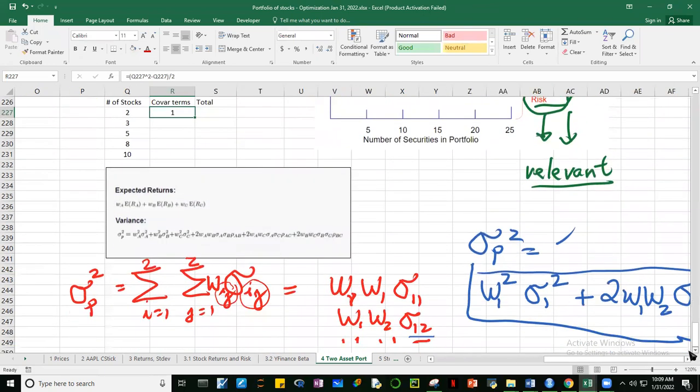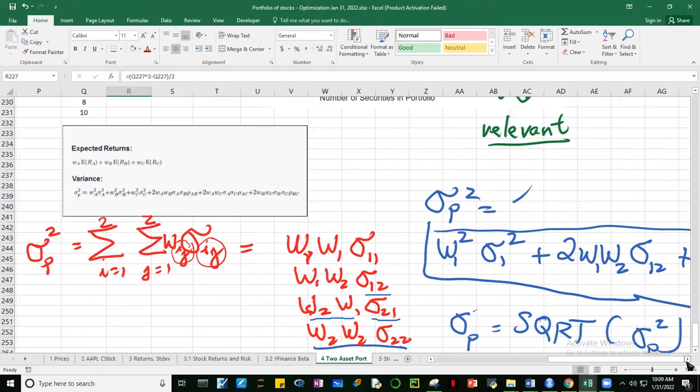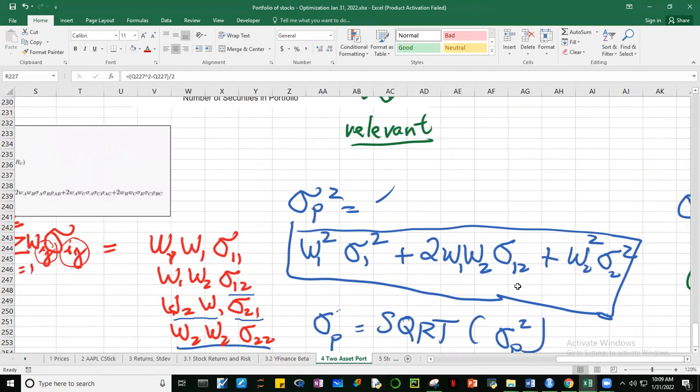Ilan yung covariance ng two asset portfolio? Ito, isa lang. Covariance 1, 2. Ilan yung variance? Dalawa. Variance ng 1 itself and variance ni 2. Kasi dalawang asset tayo. Asset 1 will have its own variance. Asset 2 will have its own variance. Tapos ilan yung covariance niya?